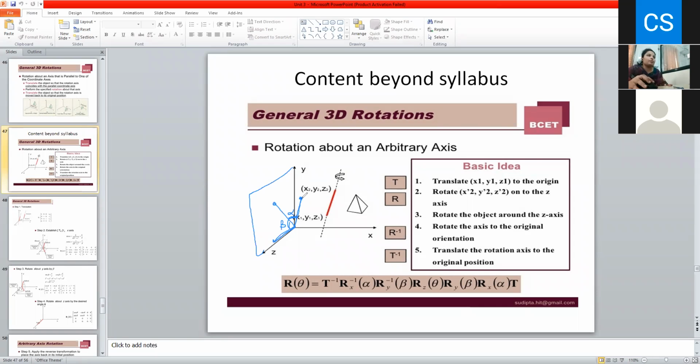So movement from space to YZ plane, from YZ plane to Z axis. आणि आता Z वर तो lie होतोय, so I can use the rotation about Z, and that's why this is your rotation about Z. So at third number step we are achieving the actual rotation about Z axis.